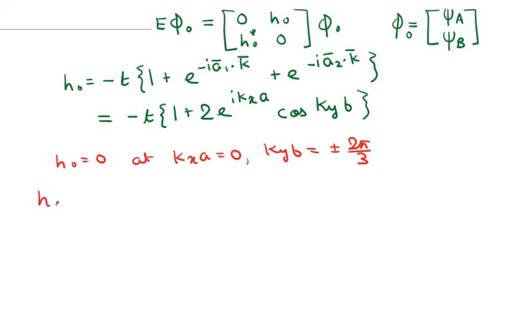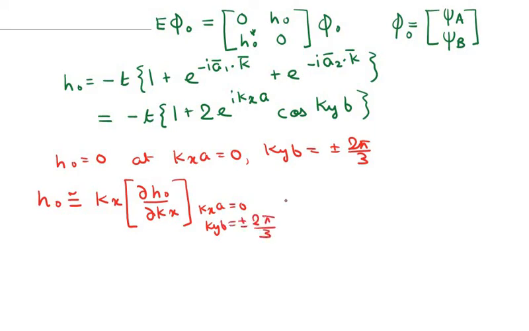So we basically write H0 as approximately equal to kx del H0 del kx at kxa equals to 0, kyb equals to plus minus 2 pi by 3, plus ky minus plus 2 pi by 3b actually, because kyb is equal to 2 pi by 3, this means ky is equal to 2 pi divided by 3b over here.